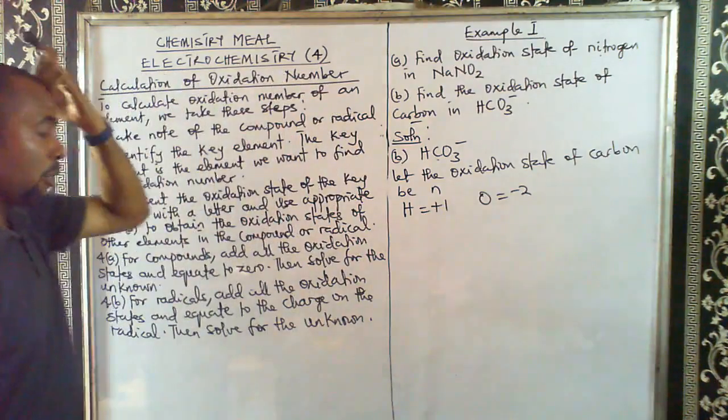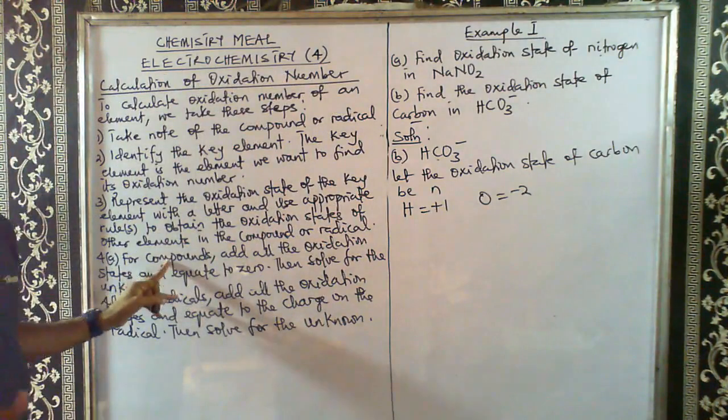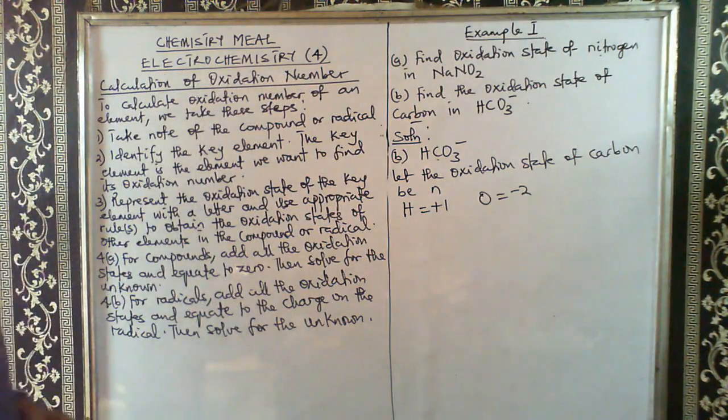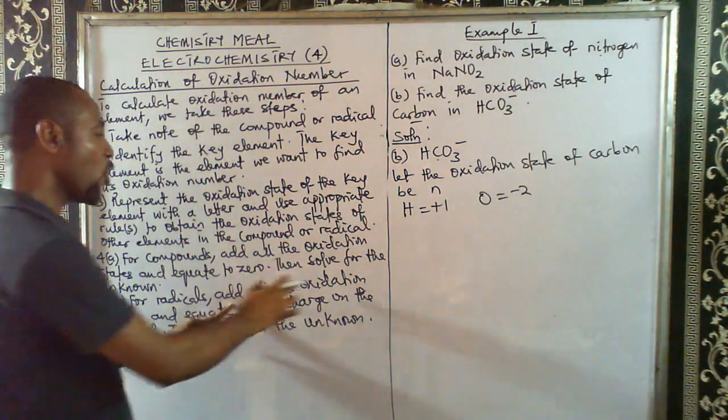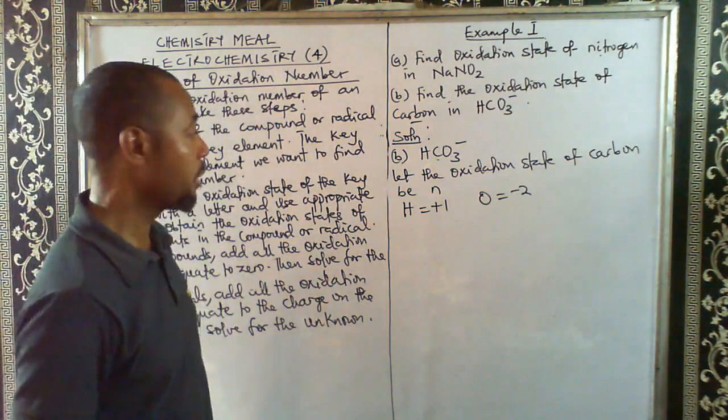So now this is a radical, and we move to the next step. We are not going to use the previous step because it concerns only compounds. For radicals, add all the oxidation states and equate to the charge on the radical.